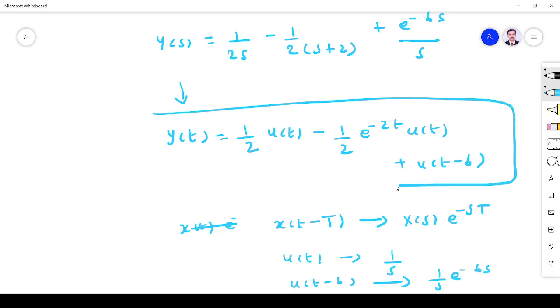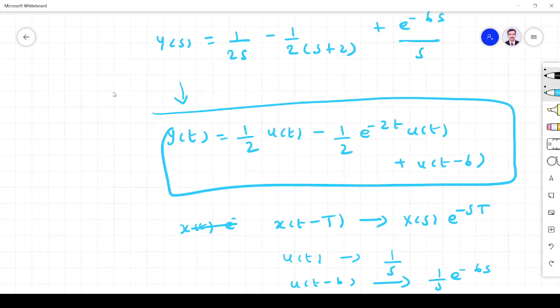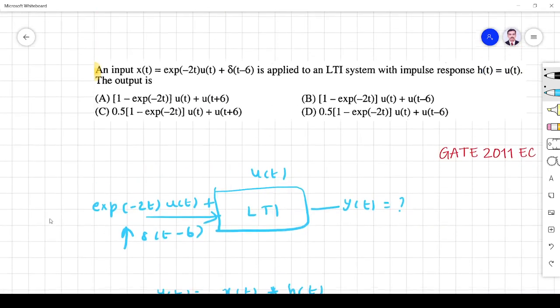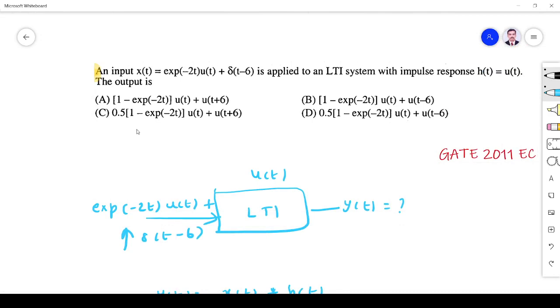So y of t is 1 by 2 u of t minus 1 by 2 e power minus 2t u of t plus u of t minus 6. So let us see, what is the answer?